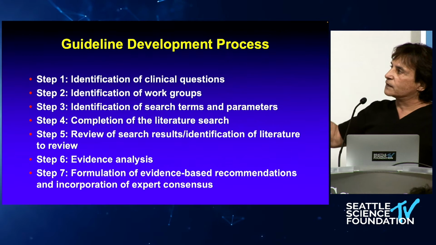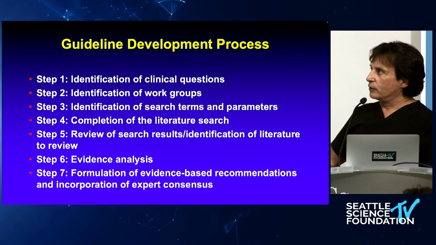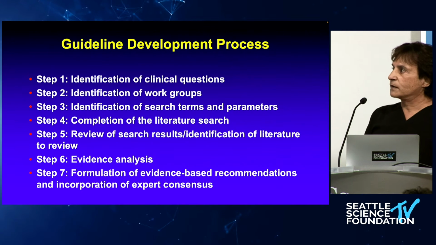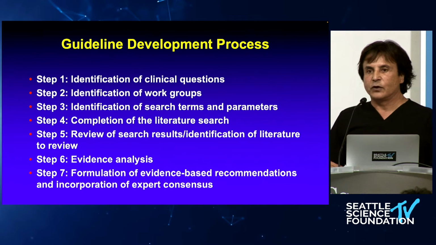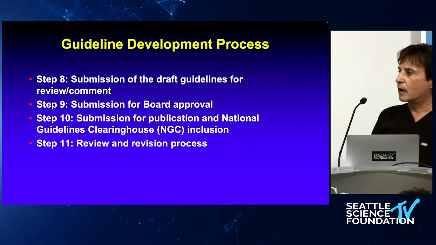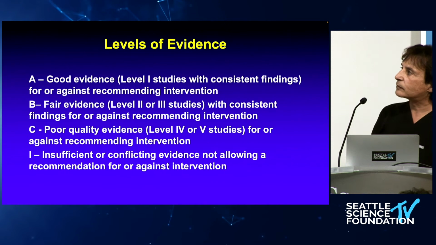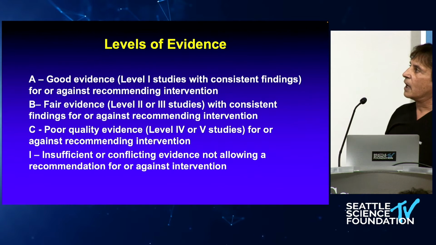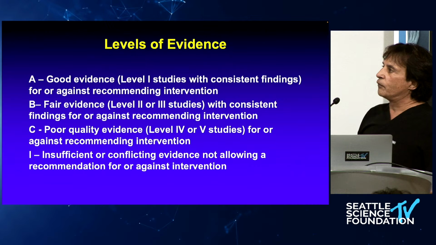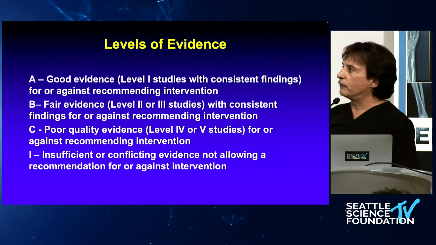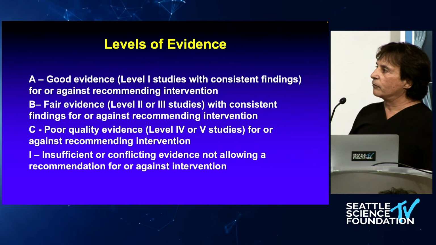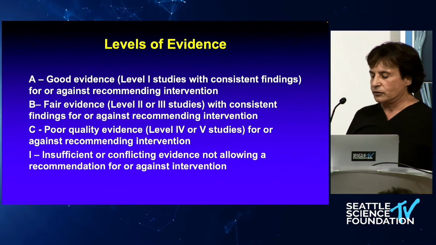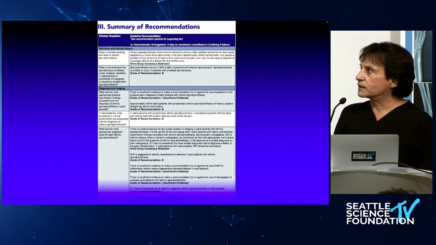So what they did was they first identified the group and then identified commonly posed questions, and asked can we answer those questions with the evidence-based guidelines that are available today? And here are the levels of evidence. Good evidence was level 1 studies with consistent findings for or against the recommended intervention. Fair was level 2 or 3, poor quality was level 4 or 5, and then I for insufficient or conflicting evidence.